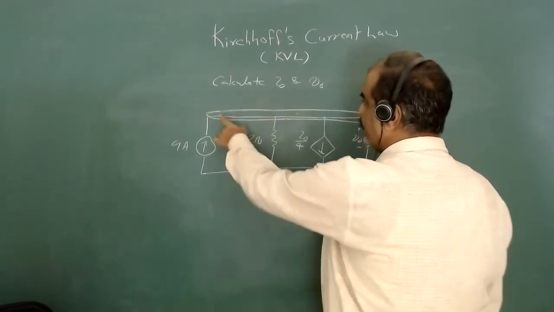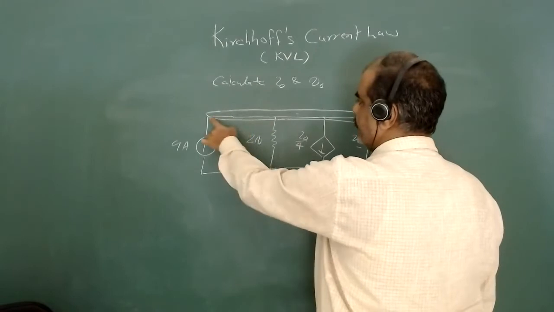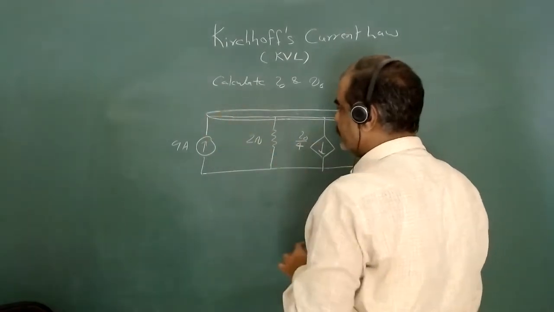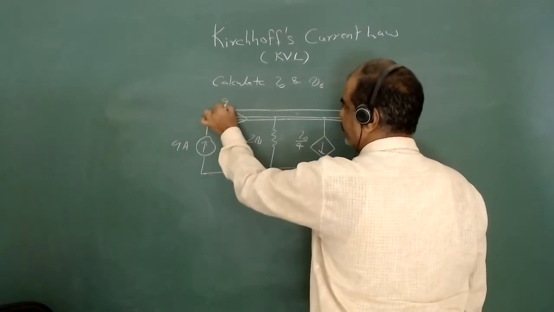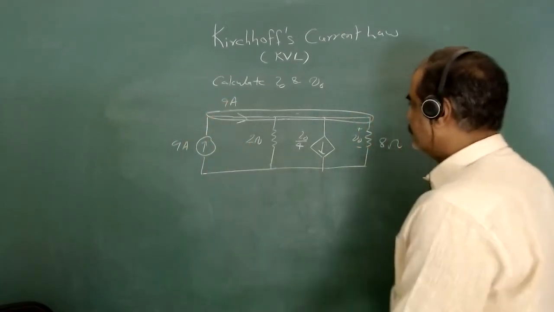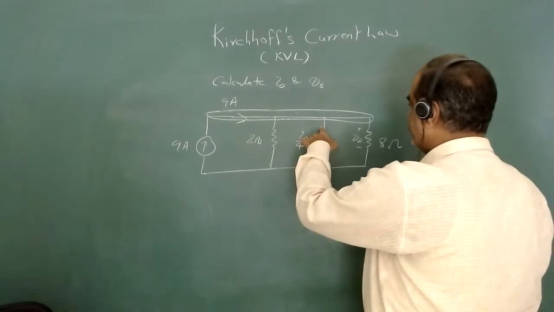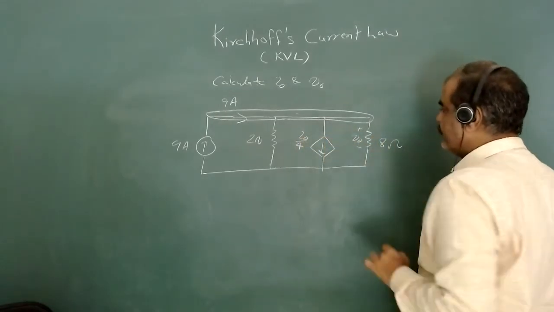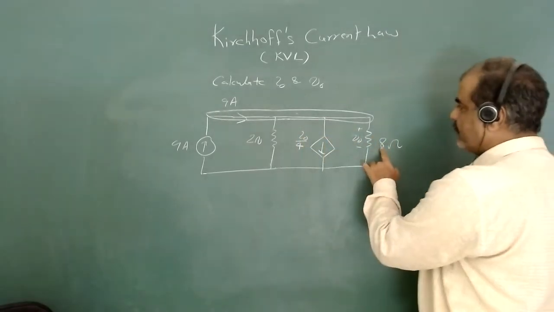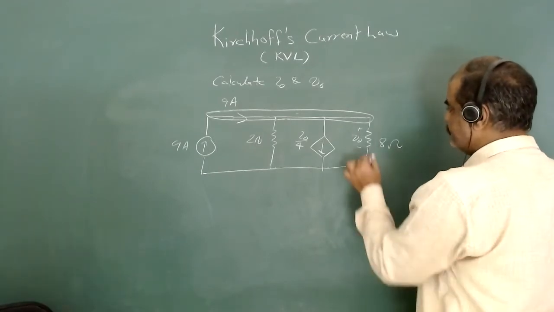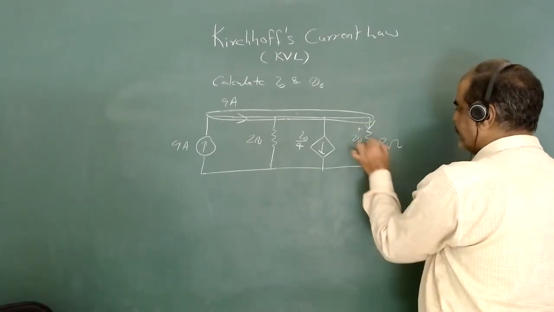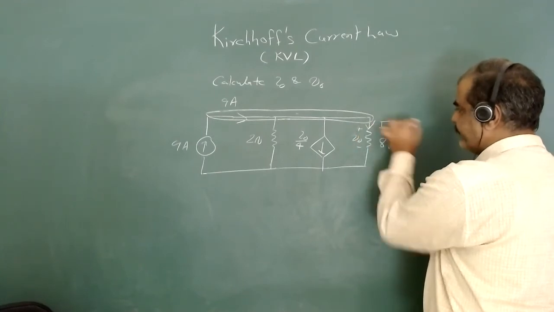So these 4 points will be considered a single junction. Total current entering this junction is 9 ampere. I0 by 4 current is going in this element, the 8 ohm resistance. I don't know the amount of current entering, so I assume the current entering this 8 ohm resistance is I.